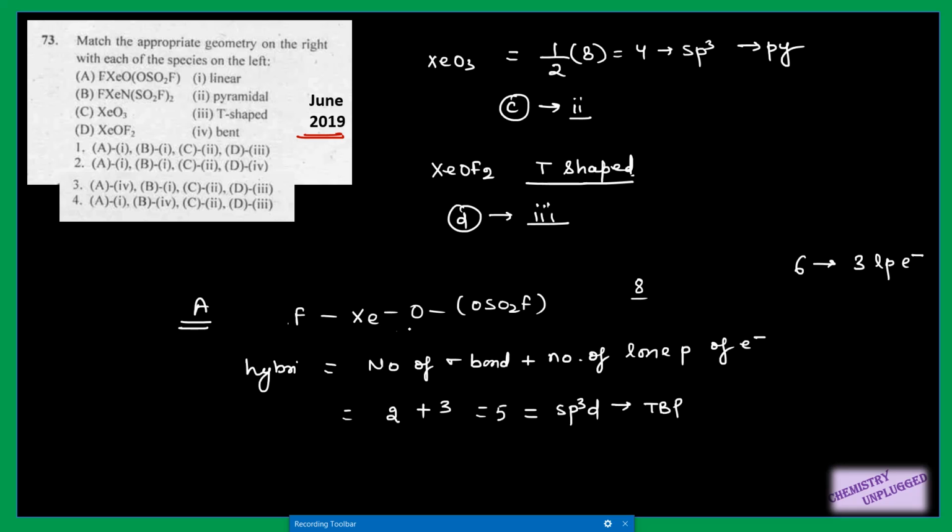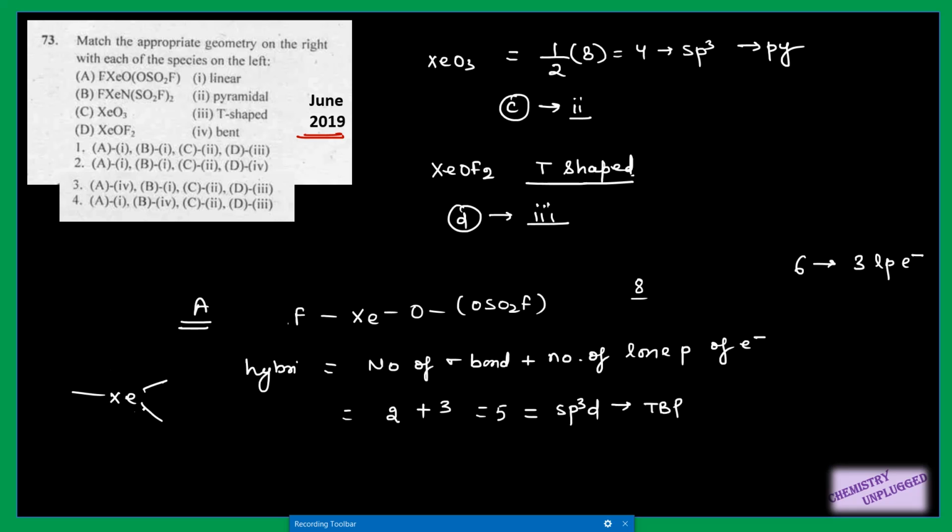Next we will try to draw its structure in trigonal bipyramidal form. I have already told you in the starting, in the VSEPR theory points, that a lone pair of electrons will always try to occupy the site which has more space, larger bond angles. So in the trigonal bipyramidal shape, this equatorial trigonal shape has bond angles of 120, while the axial has 90 degrees.